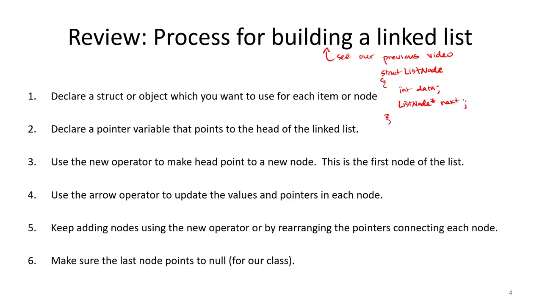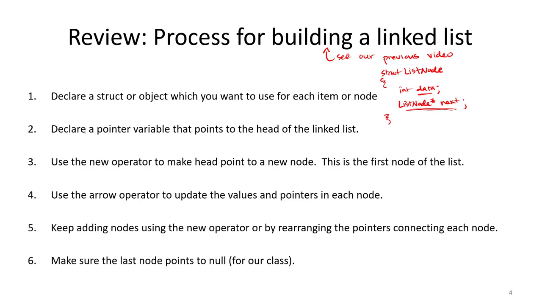You do not have to call your struct list node. You can call it whatever you want, but you want to make sure that your struct contains some variable to store data and some pointer of that struct type so that we can connect our nodes to each other.